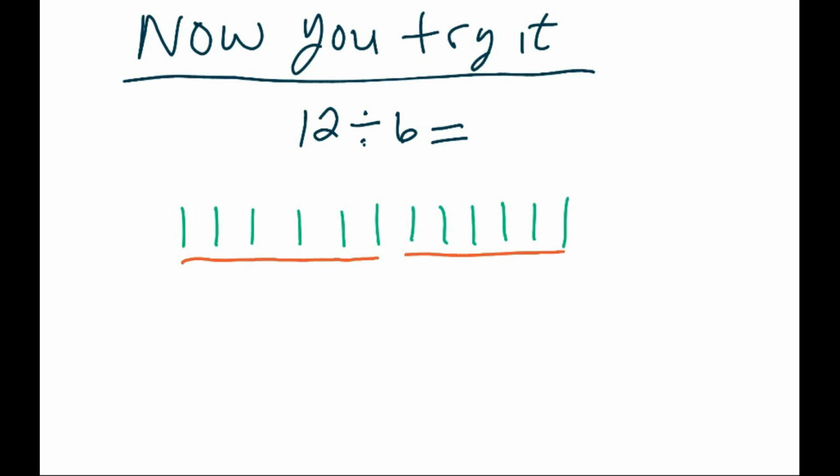If you divide 12 lines into groups of 6, you will have 2 groups of 6, which means that 12 divided by 6 is 2. 6 can go into 12 2 times.